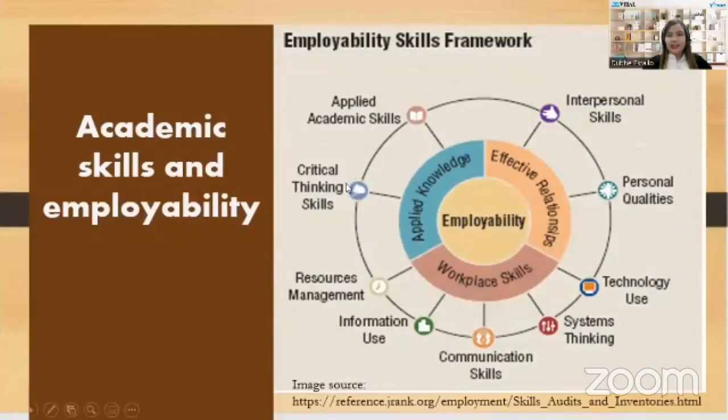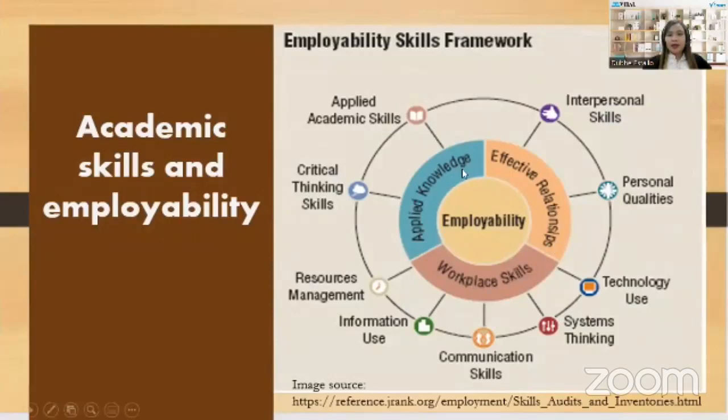So if you can see, we have here a graphic presentation that shows the criteria that employers have for determining who to hire in a given company or organization. And it is divided into three criteria.